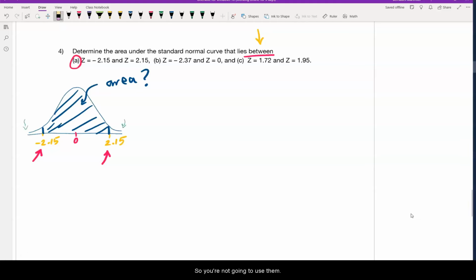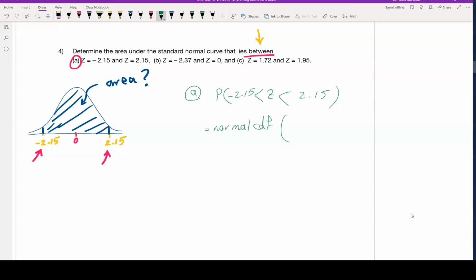So we're not going to use them. So finding the answer for part A, probability when z is between these two numbers, again using normal CDF. Here we have negative 2.15 comma, positive 2.15 comma, mean is 0, standard deviation 1. So these two stay the same.